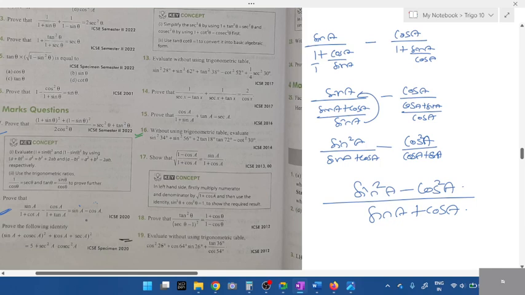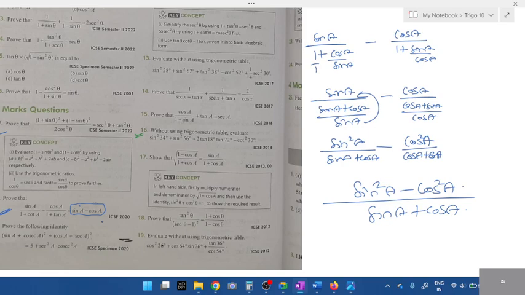This thing I told you, each and every step you have to see. What is given? Sin A minus. Uh, no, no. If you reciprocate, signs, no, no, no. Sign will not change.